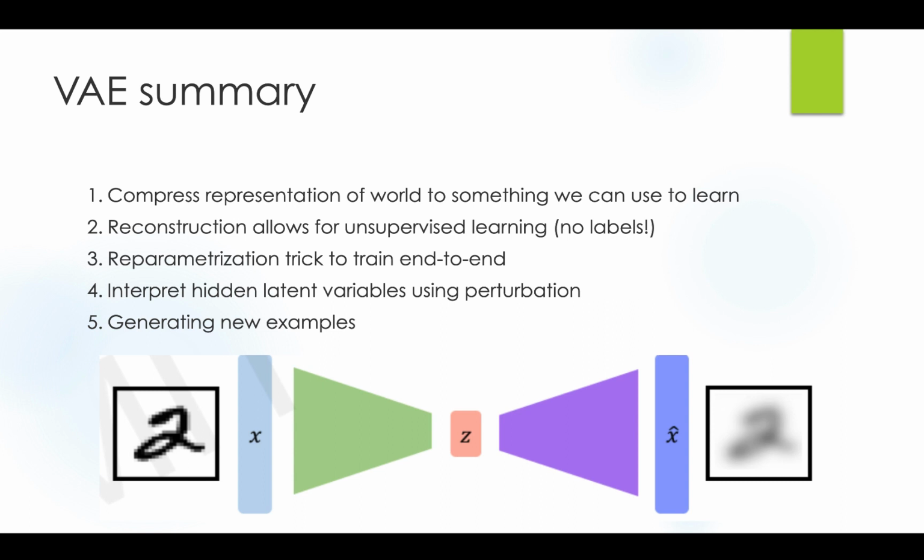There's a reparametrization trick that we saw that enables us to train end-to-end. So we circumvent the problem on the sampling layer. And we can actually interpret hidden latent variables using perturbation. So if we vary one of the latent variables, we can see that they actually have semantic meaning. And we can use that to generate new examples.